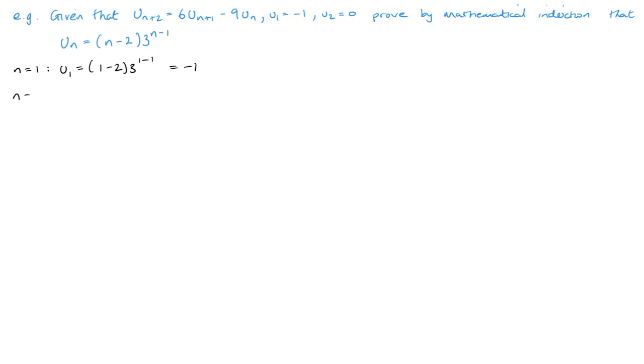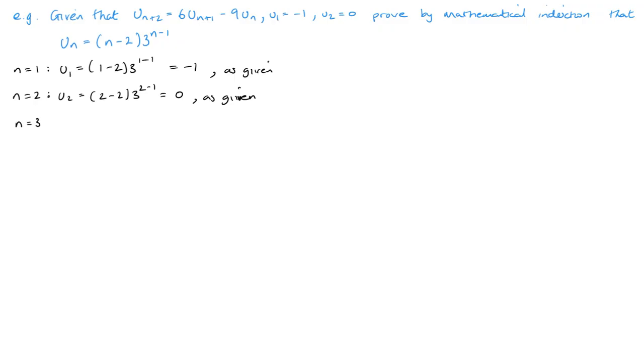Now we move on to n equals 2. 2 minus 2 times by 3 to the power 2 minus 1. 2 minus 2 is 0. Anything times by 0 is 0. So these are both now as given, because the answers are given in the question.